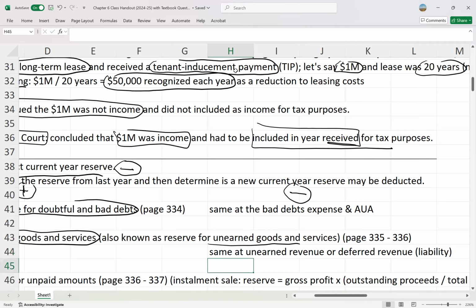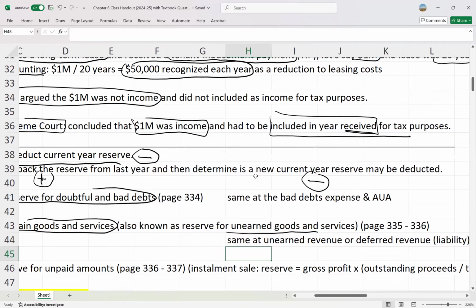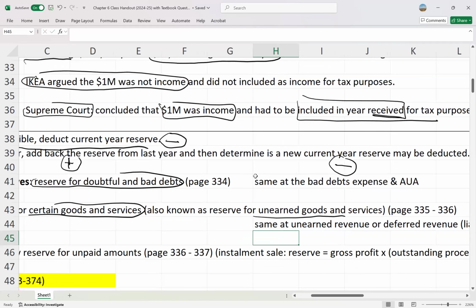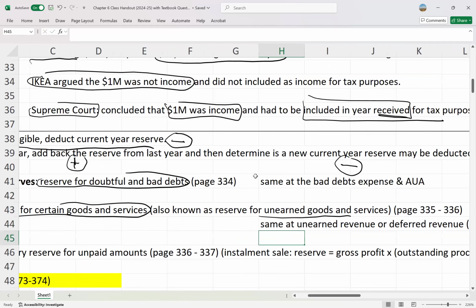If you remember, again, from your accounting classes, if you get a deposit from a customer but you haven't delivered the goods or services yet, you debit cash and credit unearned revenue or deferred revenue, which is a liability. That applies for income tax as well. You end up with the same result. It's just kind of unusual how the Income Tax Act is written, but we'll go through that in the example.